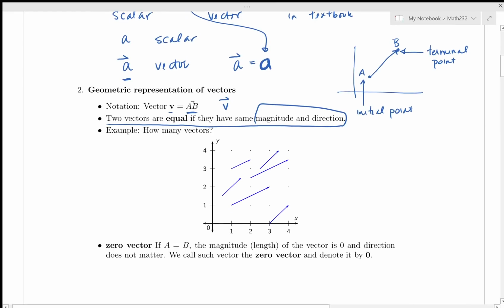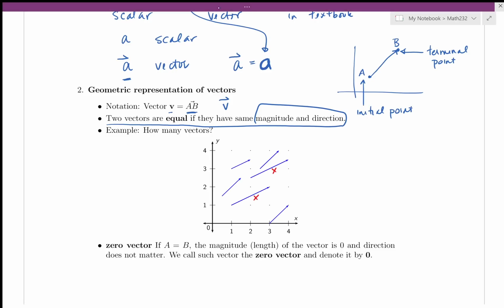So let's just look at this plot here where we have a bunch of vectors drawn and ask how many vectors are in this drawing. And the idea is that some of them are not unique. So let us take a look at, for example, this one here and this one here. Those are the same vector. They are the same length, and they are pointing in the same direction. So it does not matter that one of them is in a different position to another.